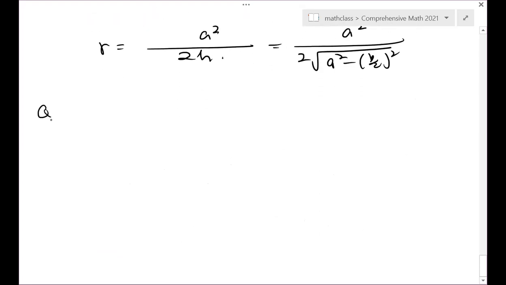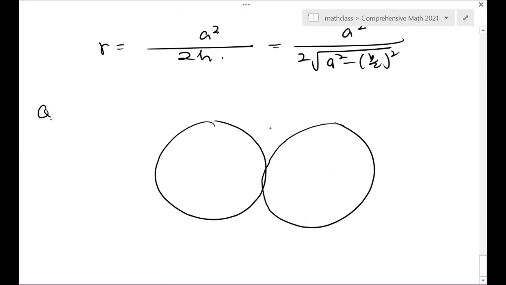Our next problem: I have two congruent larger circles, identical. Then I draw another small circle inside here, put it here. The circles A, B, C are tangent to each other.